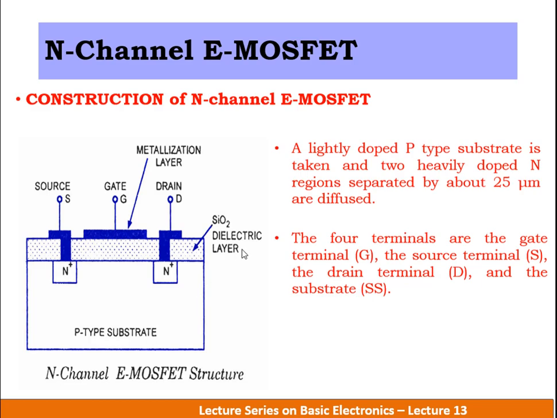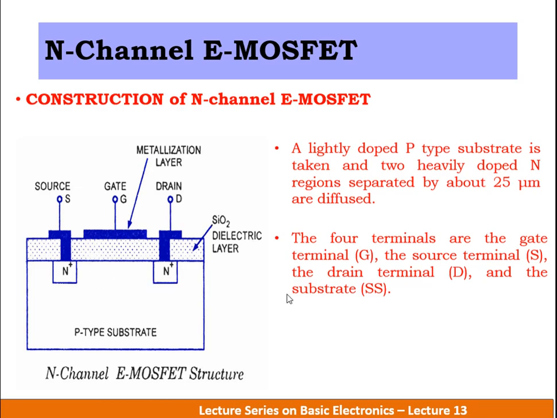In case of an N-channel MOSFET, we have a P-type substrate wherein two heavily doped N plus regions are diffused by about 25 nanometer. These two N plus regions, diffused on a P-type substrate, are separated by about 25 micrometer.